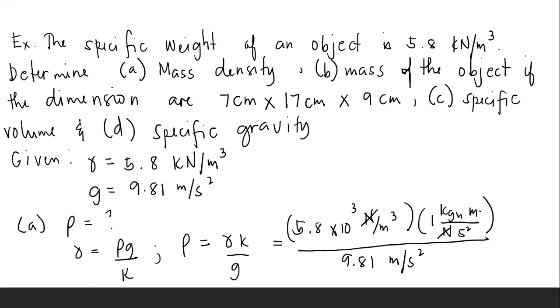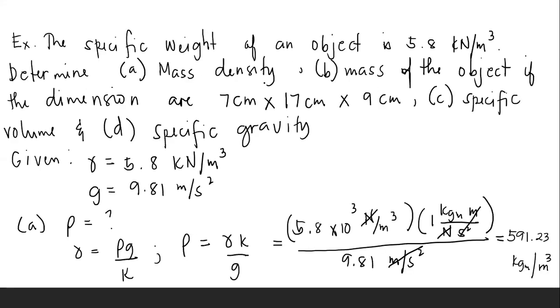Therefore, the density is kilogram mass per cubic meter. The value for the density is 591.23 kilogram mass per cubic meter.